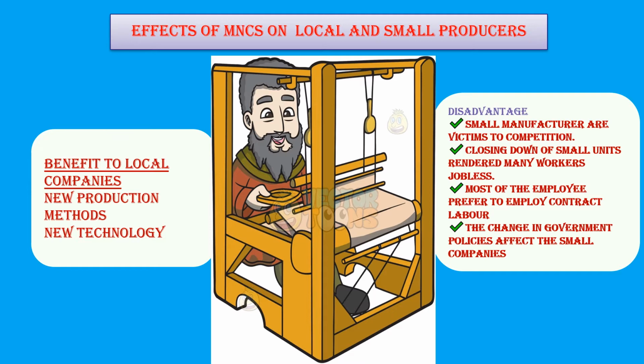Let's now look at the advantages. The first advantage is they learned new types of production methods. Number two, they adopted new technology for producing their goods. Number three, they started increasing the standard of production and this automatically led to better quality of products for the customers.